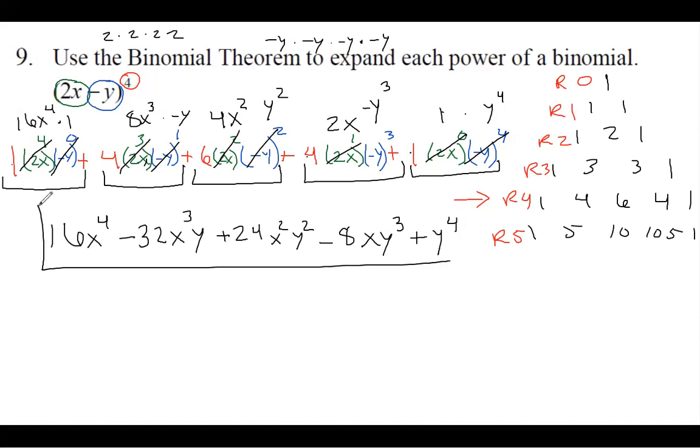And there you go. Again, take it step by step. Multiply everything together carefully. Do it piece by piece, term by term. Okay? Very careful with your computations here. Not too bad, right?